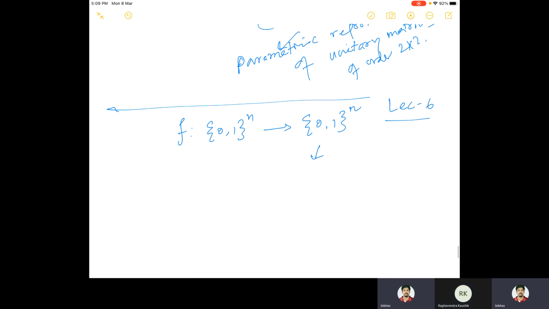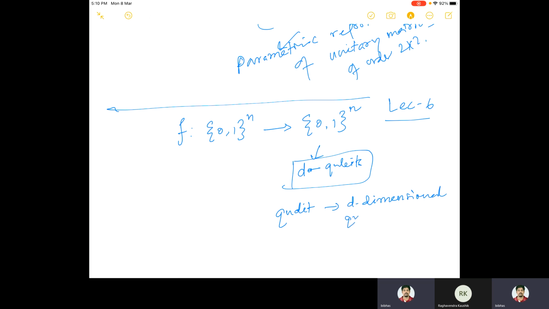So I said that if we have d qubits, d number of qubits, then it is called a qudit, but that is not the case. A qudit is like a d-dimensional quantum state.